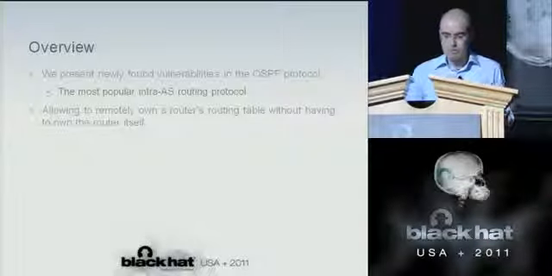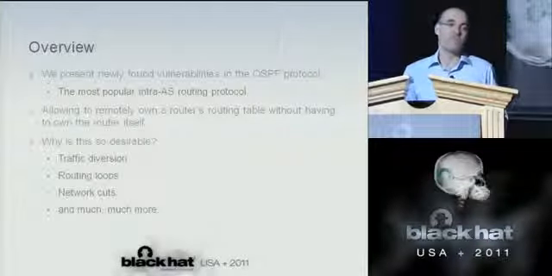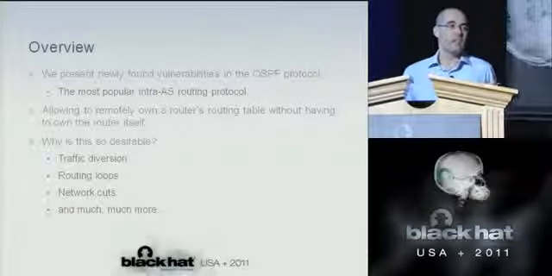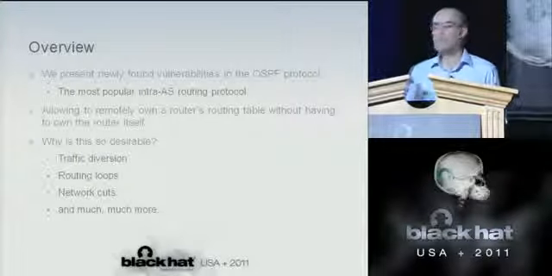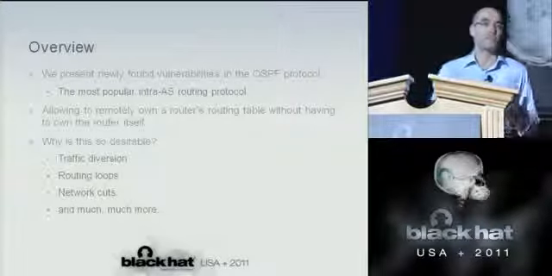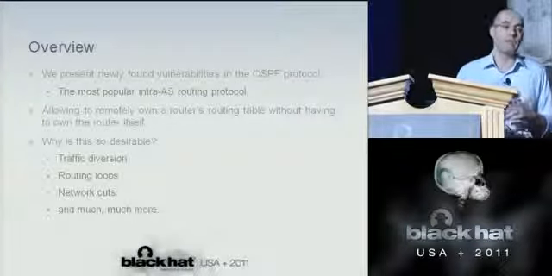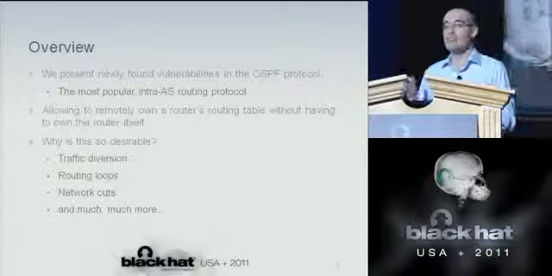And why is it so desirable to control the routing table? Well, the attacker can do many neat tricks with the routing table. For example, it can divert traffic to non-normal routes, to facilitate eavesdropping, man in the middle, impersonation, blackholing, and so on.